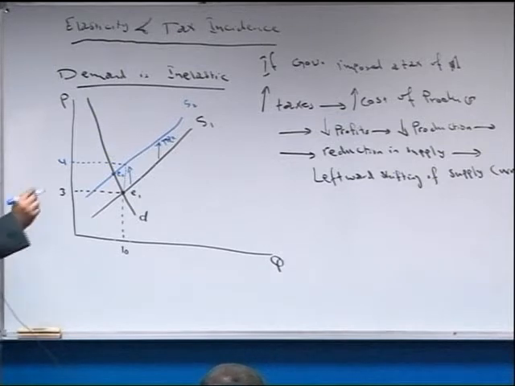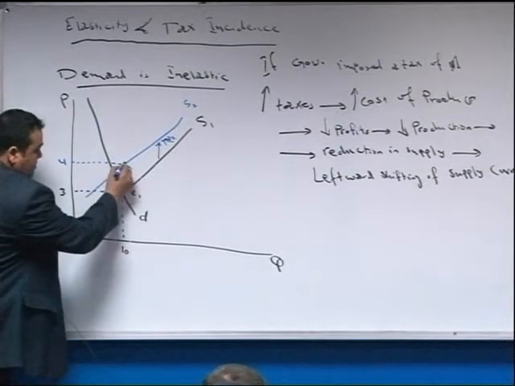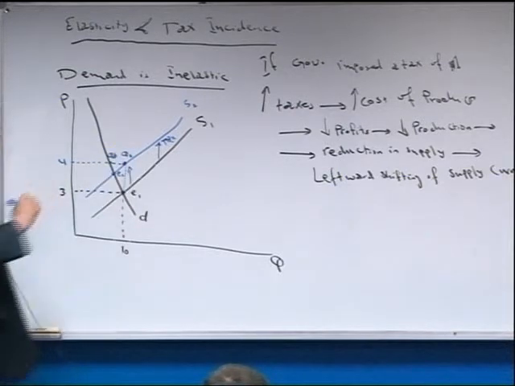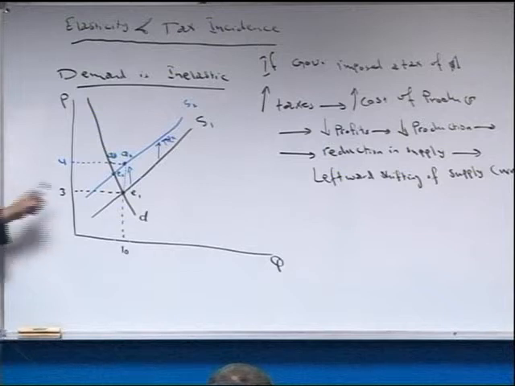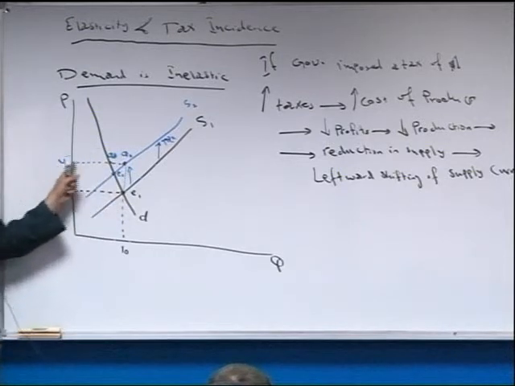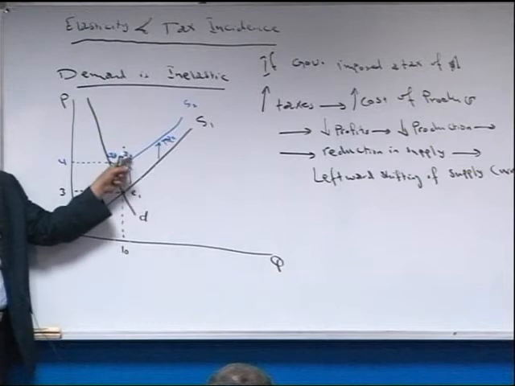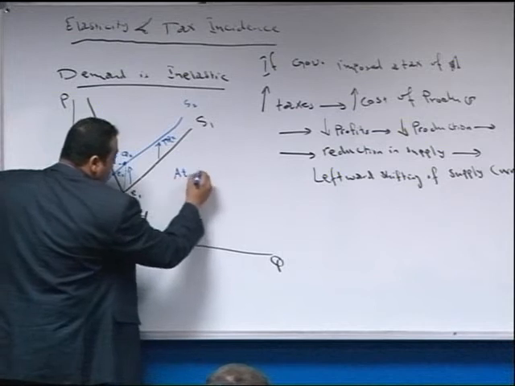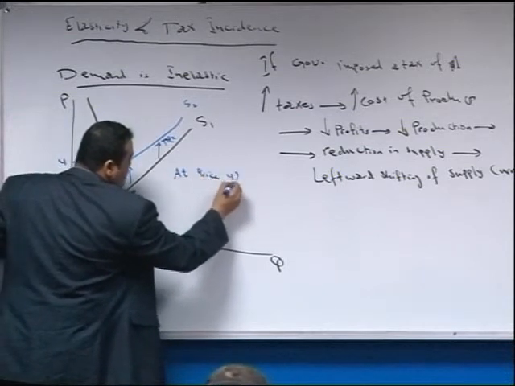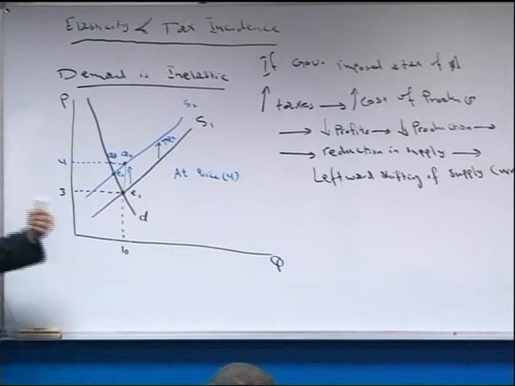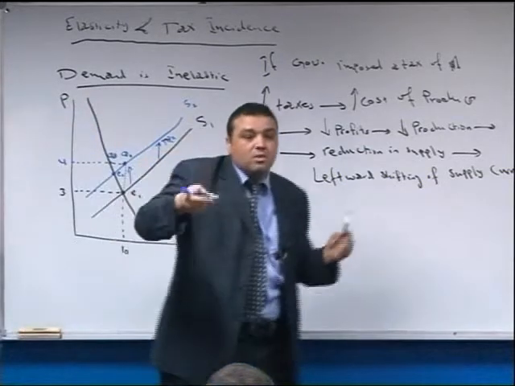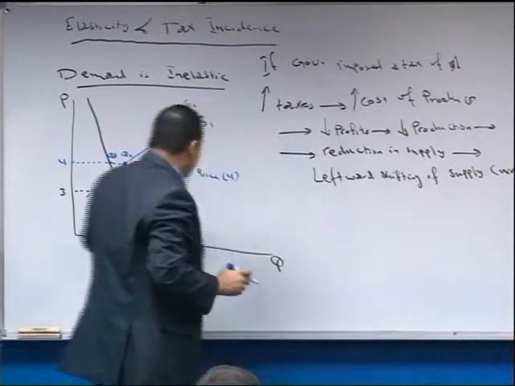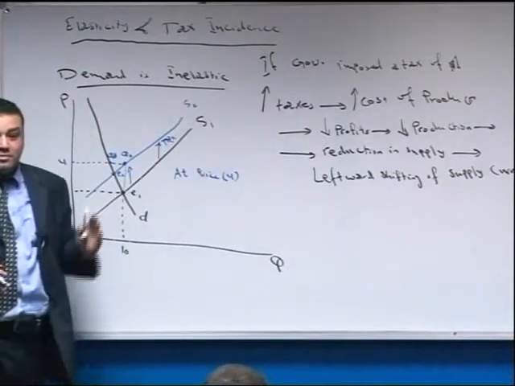Imposed. But as you see, at this point, the quantity supplied is larger than the quantity demanded, right? At a price of 4, the quantity supplied is larger than the quantity demanded. Suppose that the producer tries to make the consumer pay the taxes, and he decided to increase the price to 4.